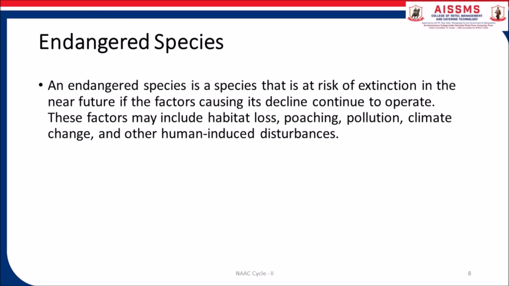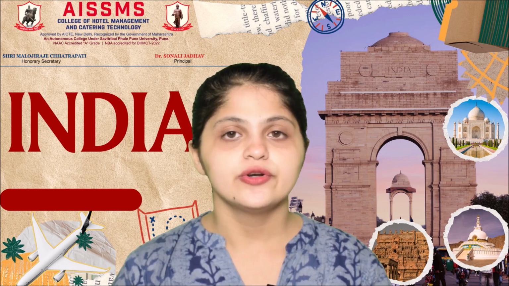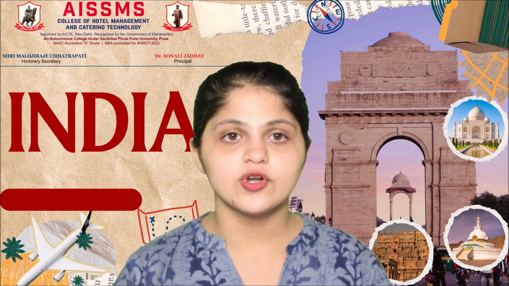The designation of endangered is based on scientific assessments of population size, trends, and threats to these species. Species characterized as endangered are considered to be facing a very high risk of extinction. Conservation efforts for endangered species typically involve habitat protection, captive breeding, reintroduction programs, anti-poaching measures, and public awareness campaigns to reduce threats and promote conservation.